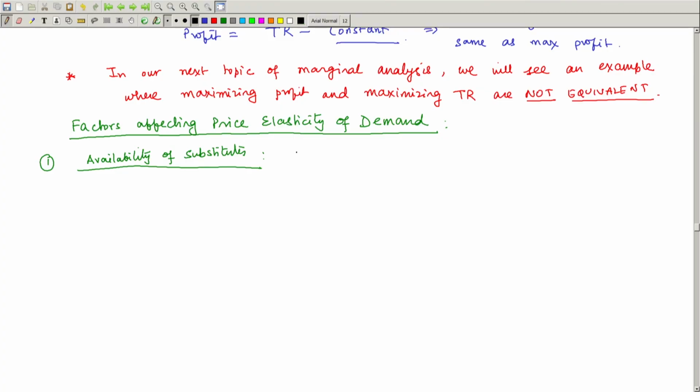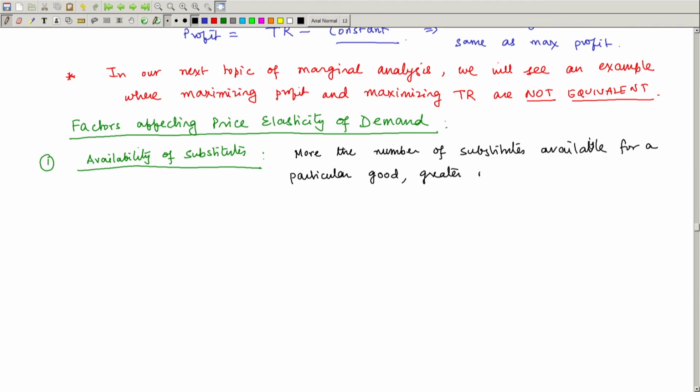So the more the number of substitutes available for a particular good, the greater is the price elasticity of demand for that good.